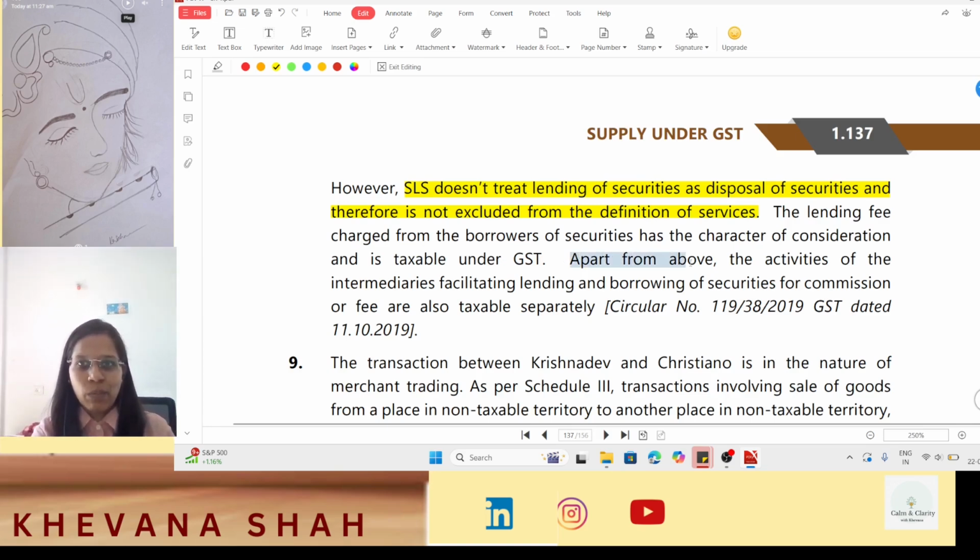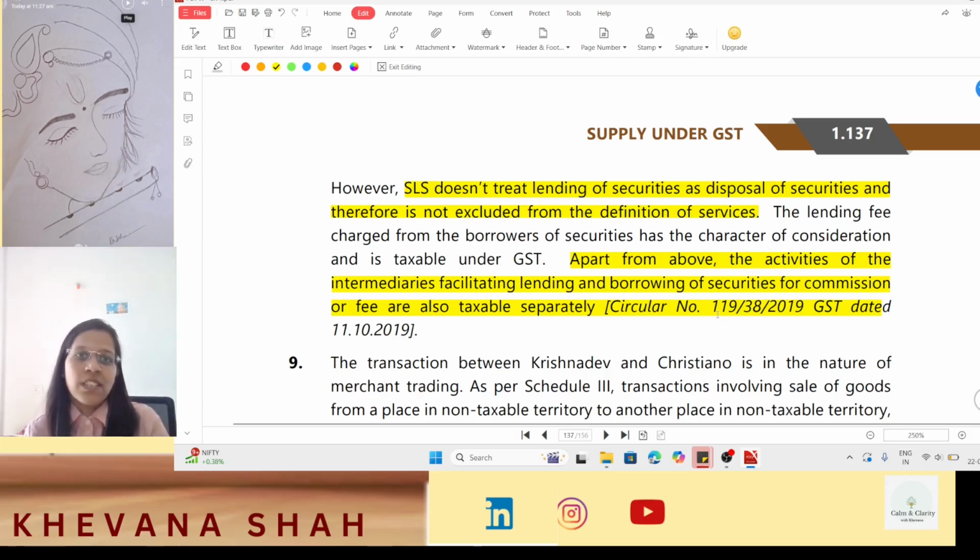Apart from the above, the activities of intermediaries facilitating lending and borrowing of securities for commission or fee are also taxable. As per this circular, it has been specifically stated that if any intermediaries are facilitating lending and borrowing of securities for a commission, fees or consideration, then GST will be leviable on that commission or fee.